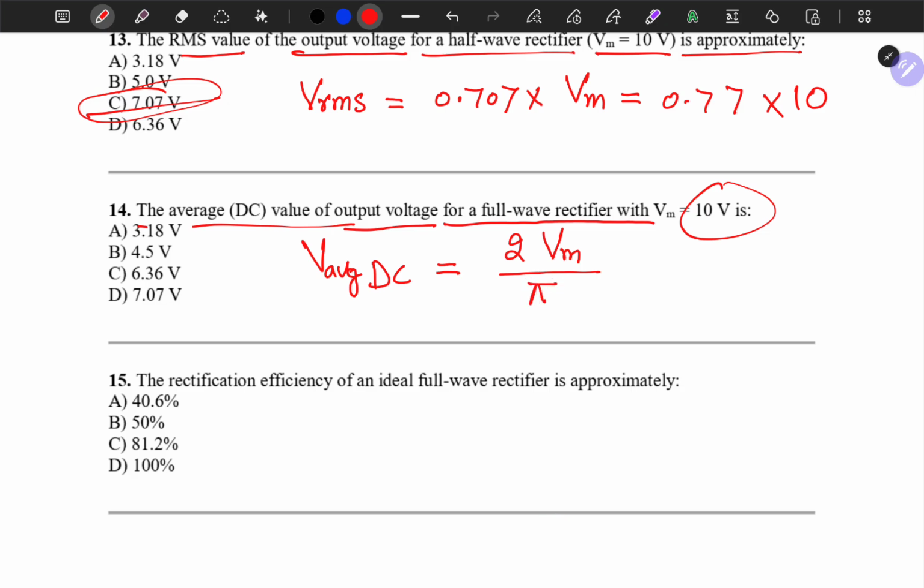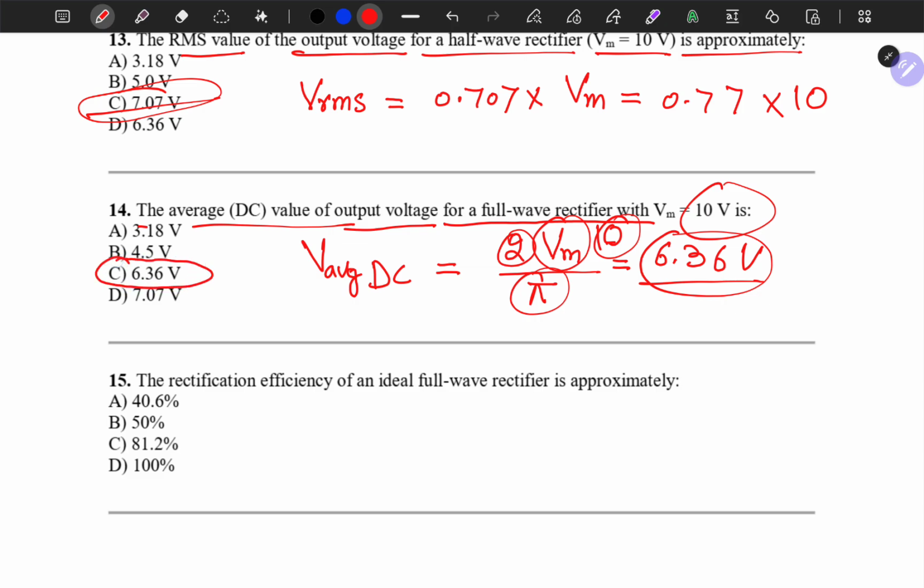Putting the value of Vm, which is 10, 2 tens are 20, 20 divided by 3.14, you will get 6.36 volts. Even without detailed calculation, with some rounding or guess, you can get option C as the correct option.